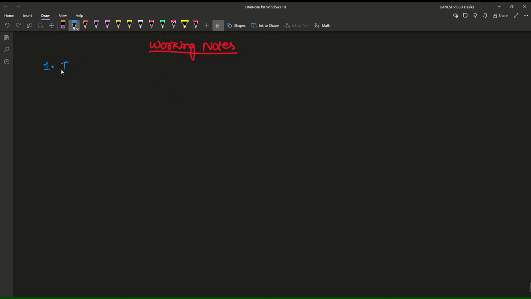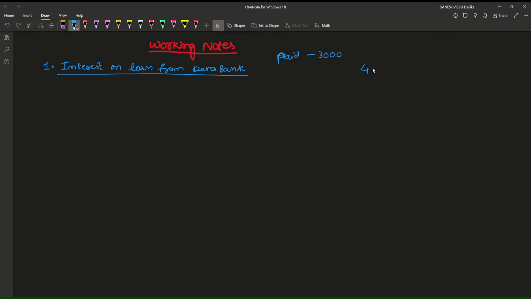Interest on loan from Dena Bank, we are finding that in the working notes, but actually paid is rupees 3,000. This is an expenditure, right? Interest is an expenditure.